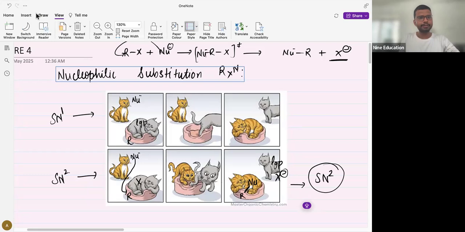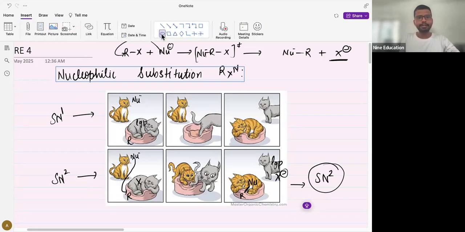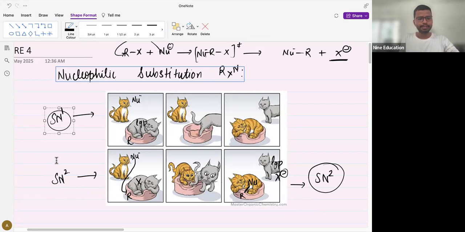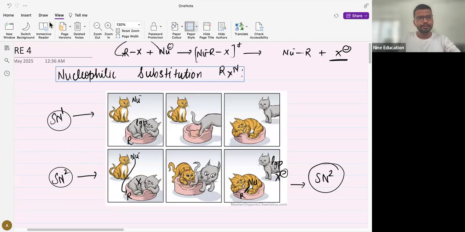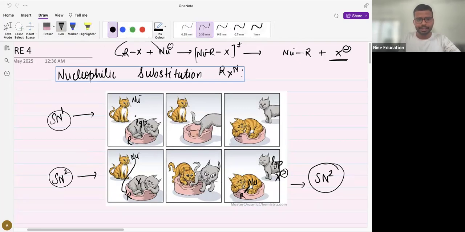इसमें क्या होता है कि अगर हमारे पास एक न्यूक्लियोफाइल है, as soon as before attack only, if the nucleophile is just coming here, है ना. जैसे ही न्यूक्लियोफाइल आया, ये ग्रीन वाला कैट पहले ही चला गया, है ना.